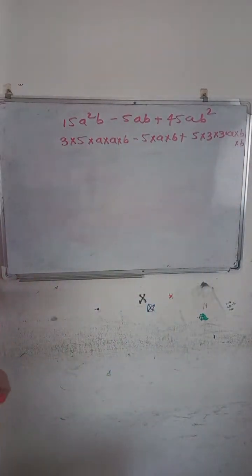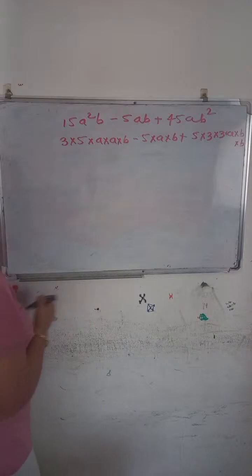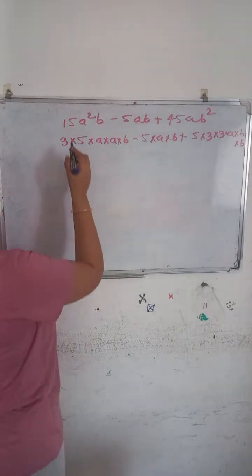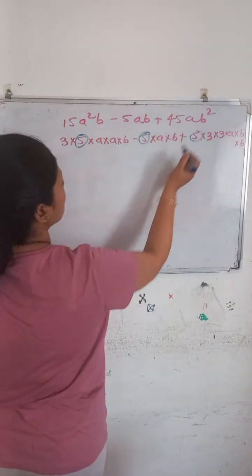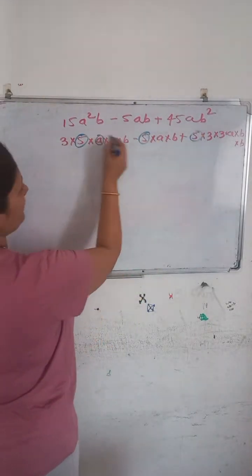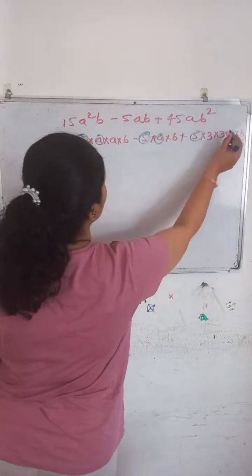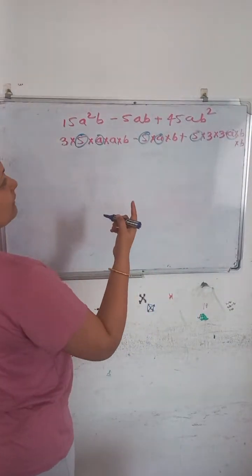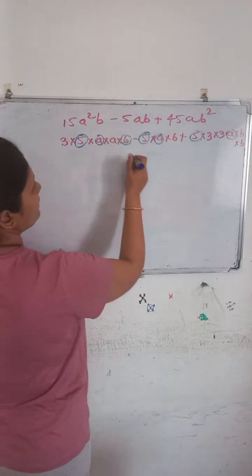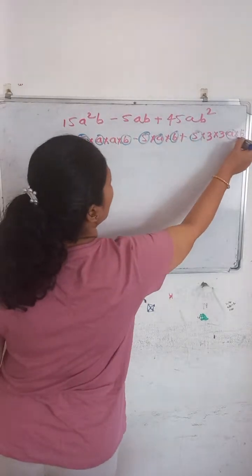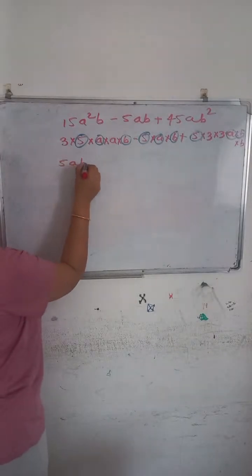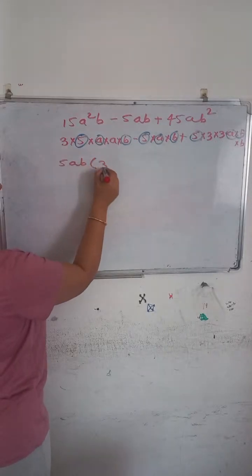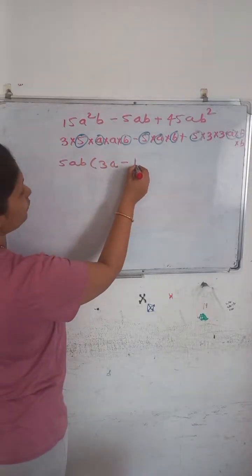Now if you check this, what are all the common factors? Okay, so 5 is common everywhere. Then a is also common. Then b is also common. Now take the common terms out, that is 5ab, remaining are 3a minus 1.